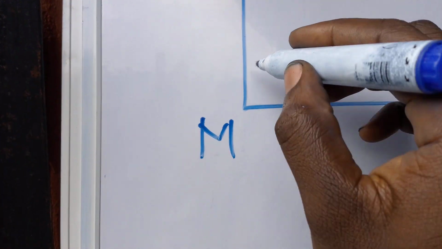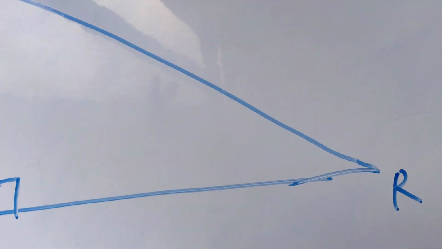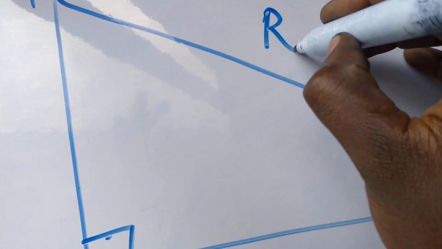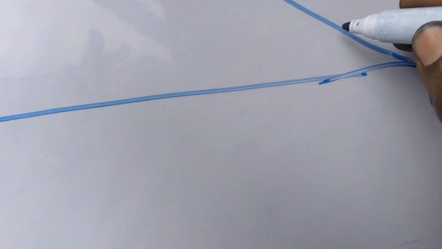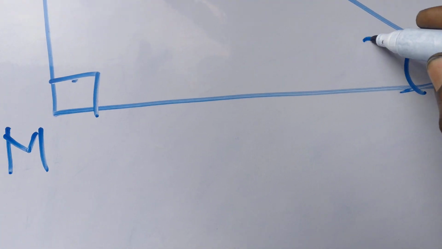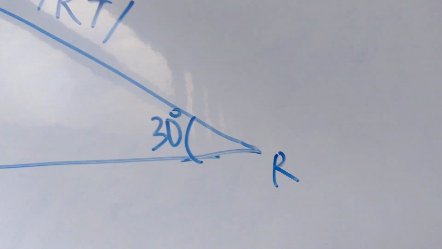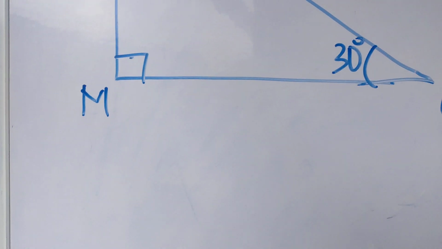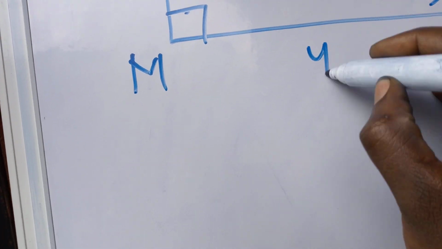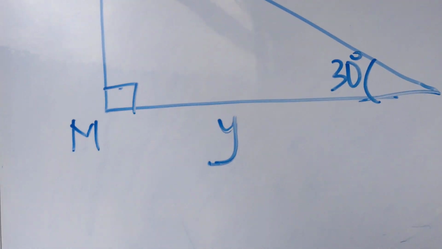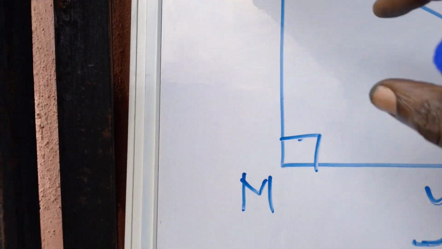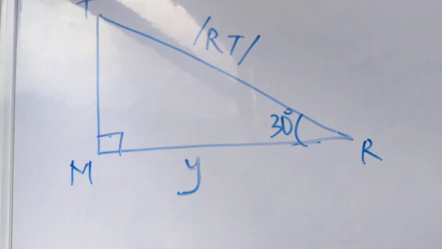At point M, this is 90 degrees, and this distance is distance RT. This angle here is 30 degrees as the angle of elevation of the top T from point R. Distance MR is y. And of course, we should be able to obtain distance TM. Let's go back to the main diagram.